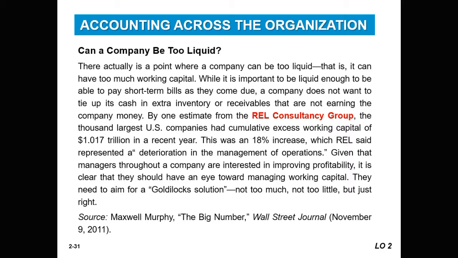I encourage you to look up articles related to this. Google Apple liquidity, Apple too liquid, and read those articles and see what the industry and what the analysts had to say about Apple's position and how Apple responded to that.